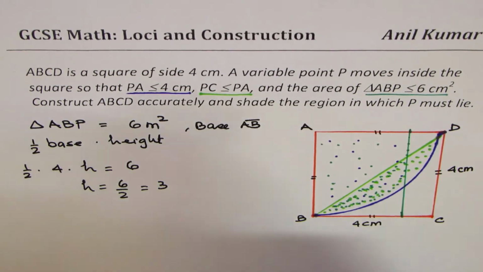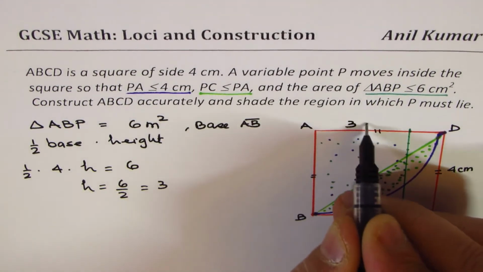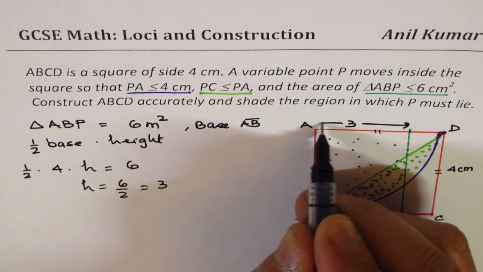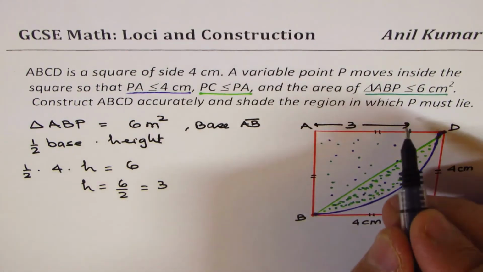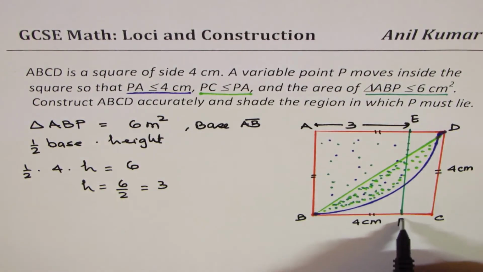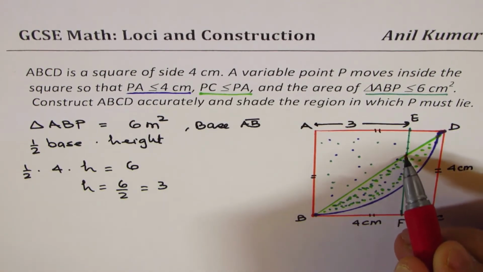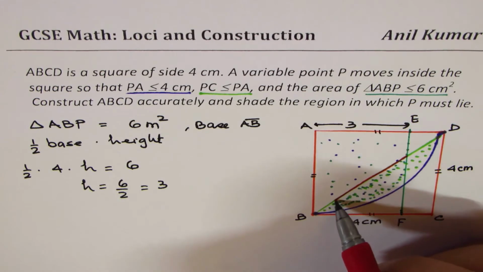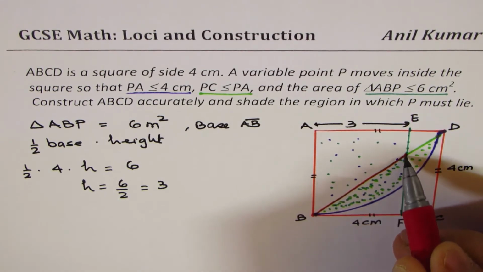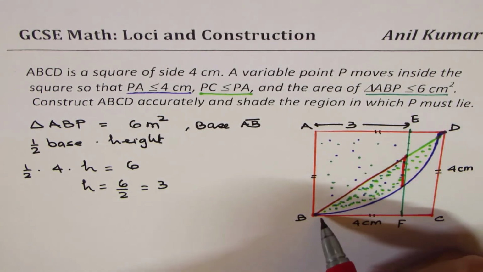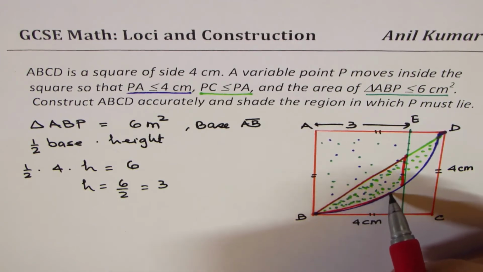Correct? So here we have 3 units away from A. Let's call these points E and F. So the region which can be highlighted is, we have to include the lines also. Correct?